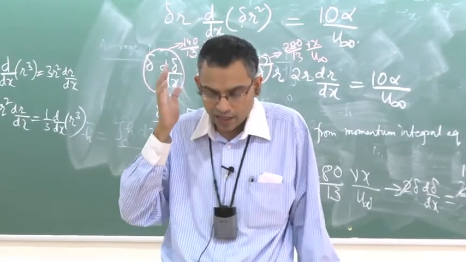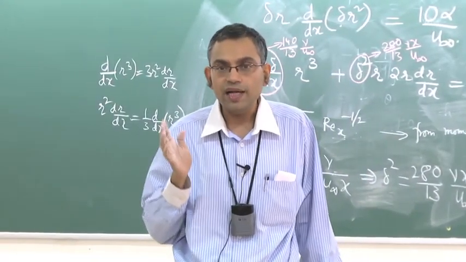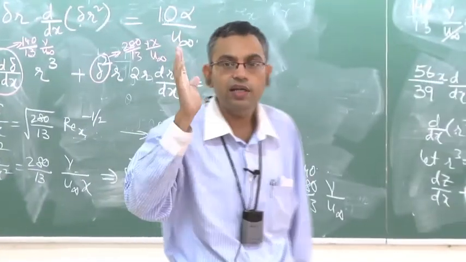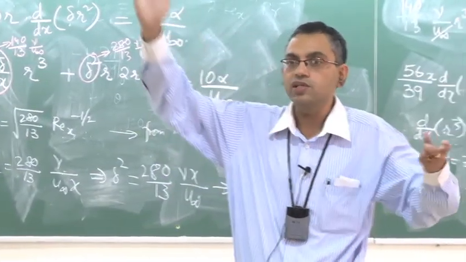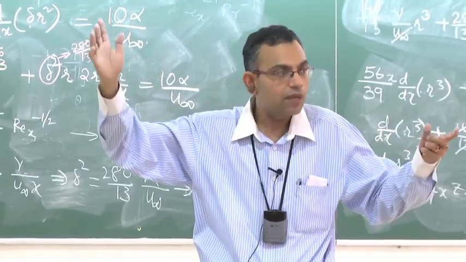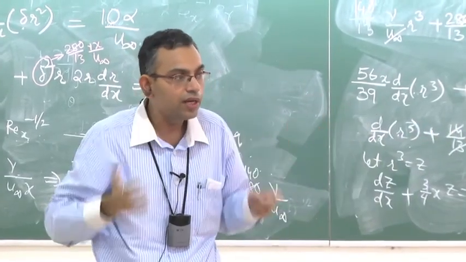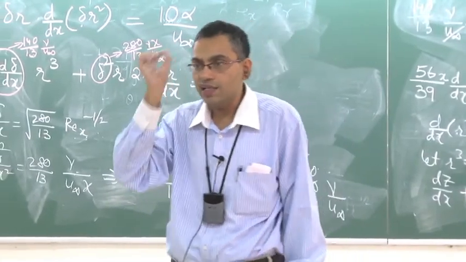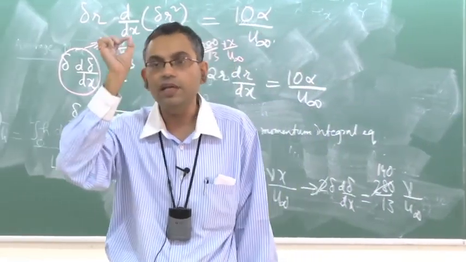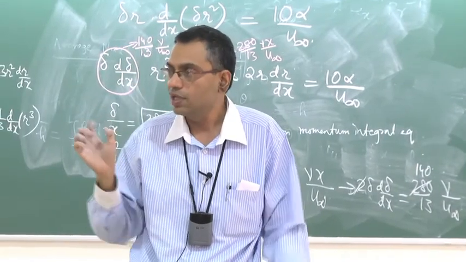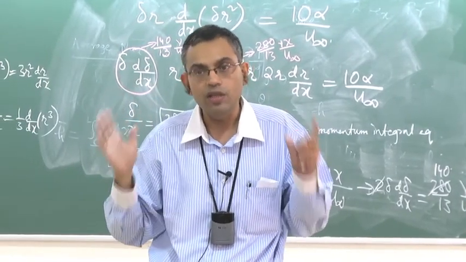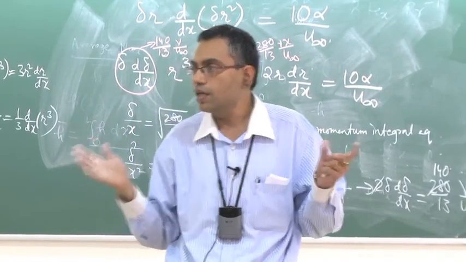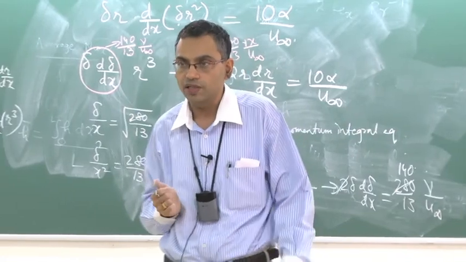I want to repeatedly tell you that I do not want to discuss anything in the undergraduate class which I cannot derive on the board. Thousands of formulas which I cannot myself derive on the board, I cannot expect that you will remember and derive. Whatever are the essential fundamental things which can be derived in the scope of an undergraduate course, that part of convection we are only covering, and this will give you the foundation for learning the advanced topics in convection.